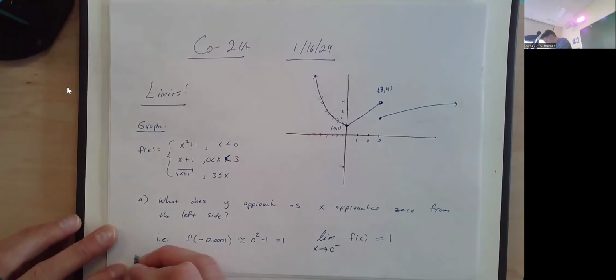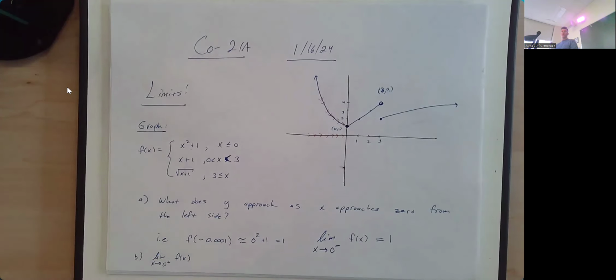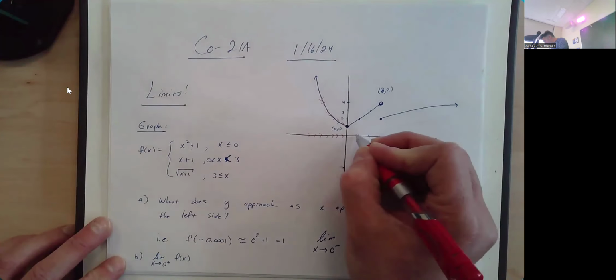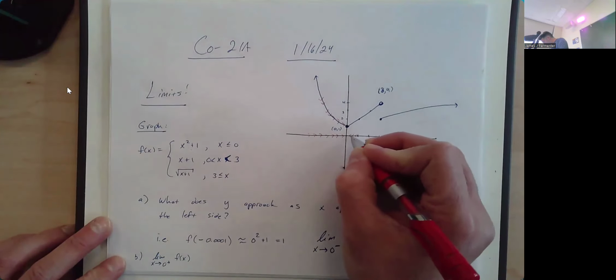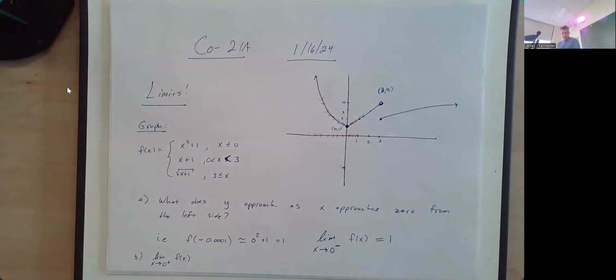Whereas if I were to write, what's the limit as x approaches 0 from the right-hand side of f of x, using a plus superscript to indicate the right-hand side of 0, or the larger than 0 side, we would come at it from the other side. As we approach 0 from the right-hand side, the y values are still also getting close to 1.